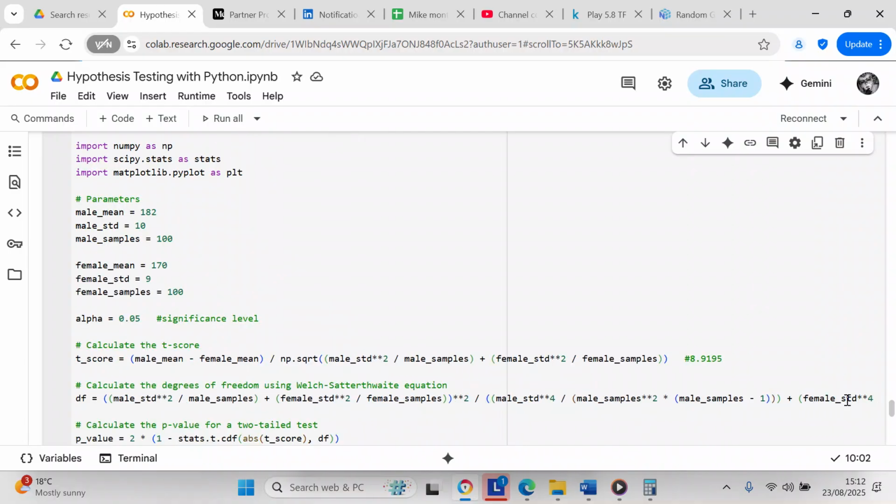It is a pretty long formula, but that's how they calculate the degrees of freedom.